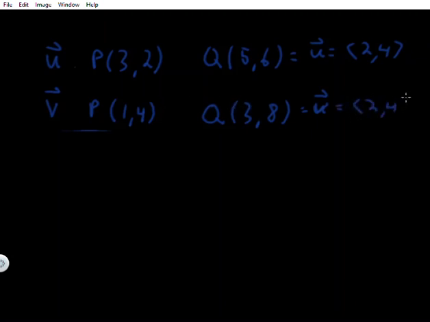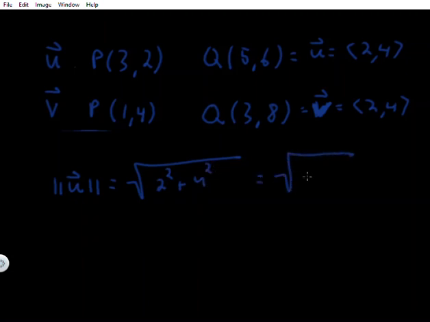So looking at this right now, we see that u and v both have identical component forms. So we could go ahead and actually use the Pythagorean theorem if we want, but it's both going to be the same numbers. We see that the magnitude of u is given by the square root of 2 squared plus 4 squared, which is 4 plus 16, which is the square root of 20.